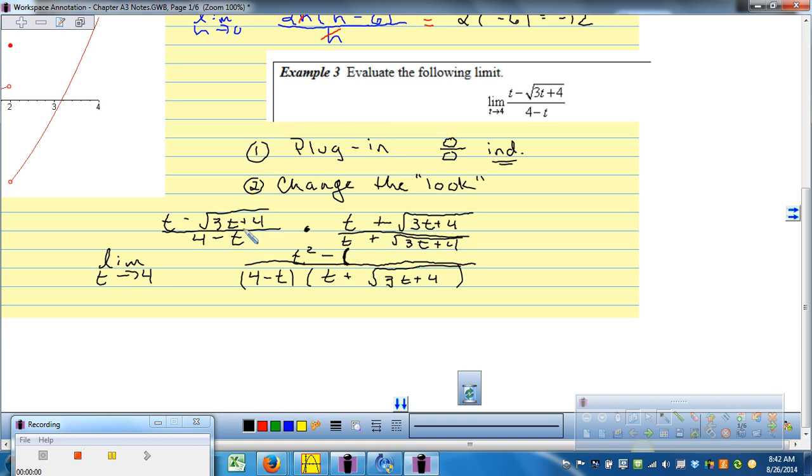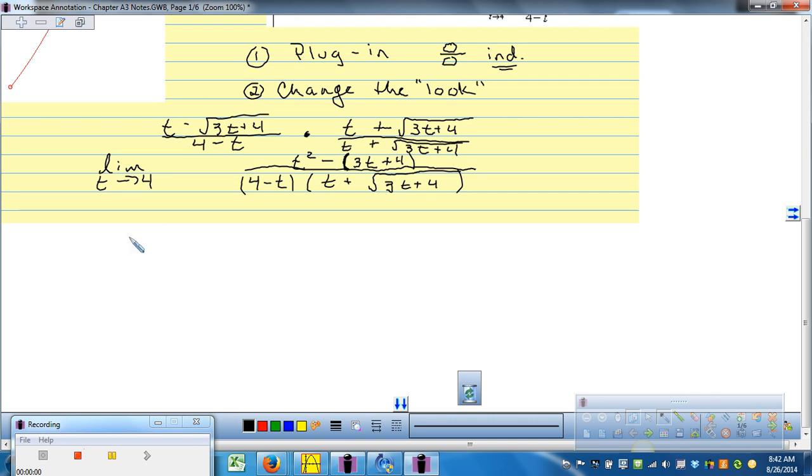And we'll just be left with subtracting what? 3t plus 4, thank you, 3t plus 4 in the parentheses, and we'll have to distribute that negative. So now we have the limit as t approaches 4 of t squared minus 3t minus 4 over that large bottom.